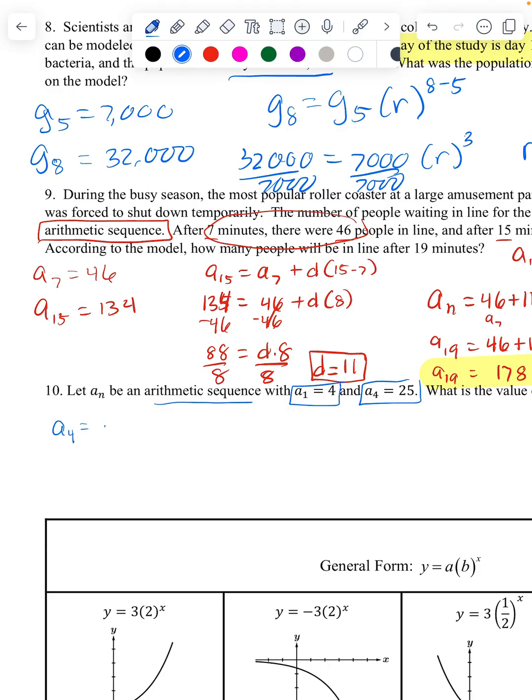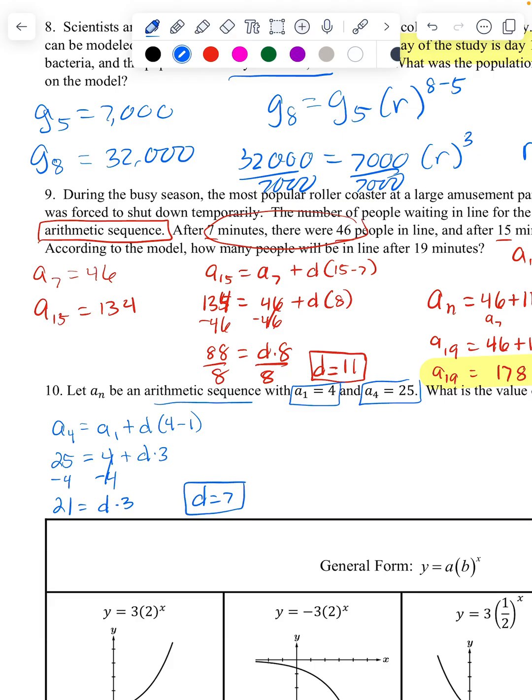So to get to the 4th term, starting from the 1st, I'm going to add the common difference 4 minus 1 times. If the 4th term's 25 like they said, and the 1st is 4 like they said, and 4 minus 1 is 3, then I'm going to take that 4 away. I'm going to end up with 21 equals d times 3. So my common difference is going to be 7.